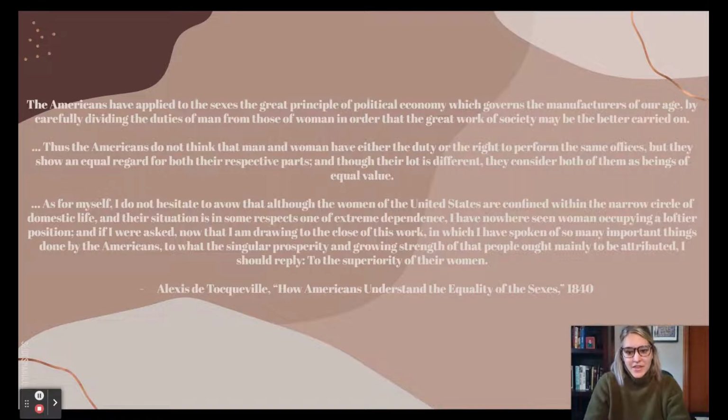Thus, the Americans do not think that man and woman have either the duty or the right to perform the same offices, but they show an equal regard for both their respective parts, and though their lot is different, they consider both of them as beings of equal value.